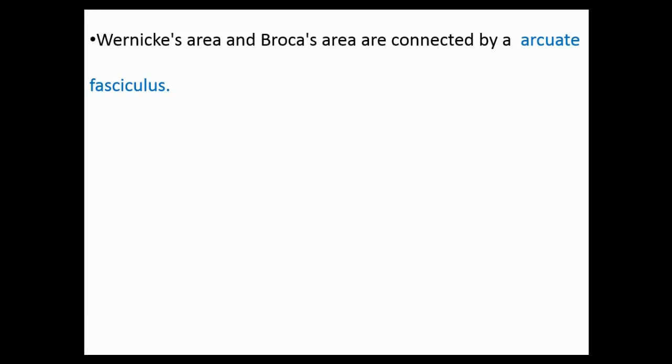Wernicke's area and Broca's area are connected by the arcuate fasciculus. This is a bundle of nerve fibers which allows the two areas to share information, and without it, we would not be able to look up words in a mental lexicon via Wernicke's area and then say them via Broca's area.